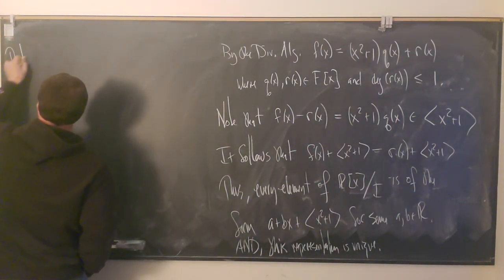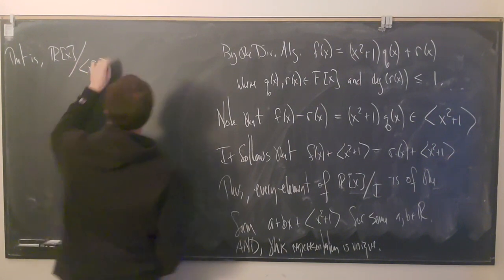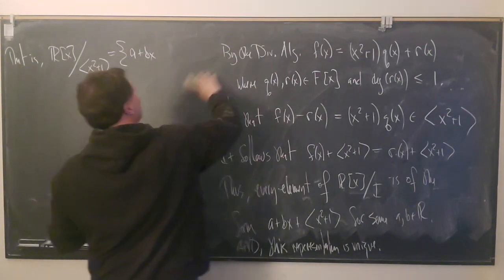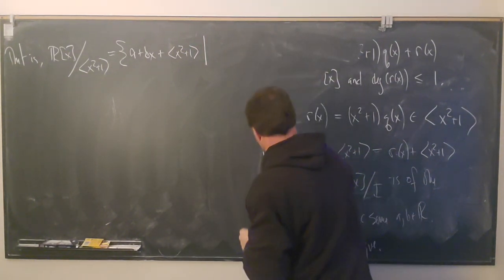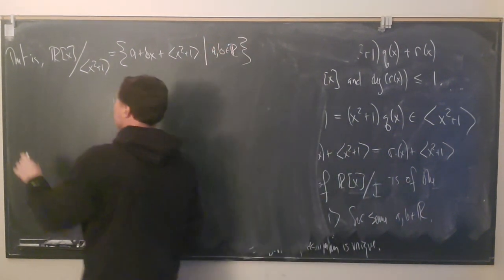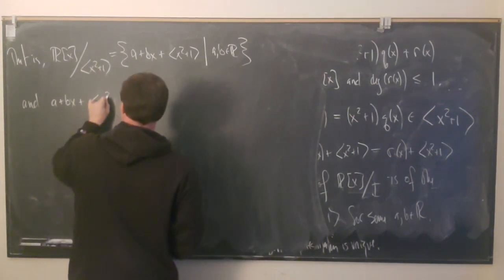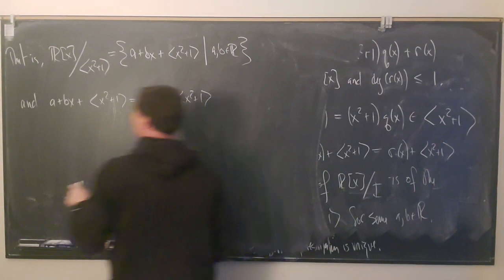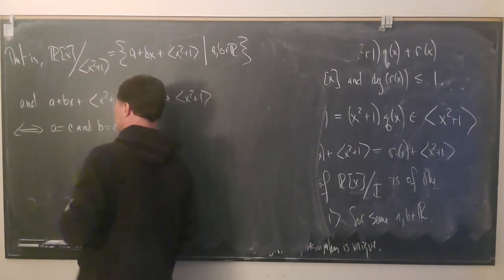So that is R bracket x mod the ideal generated by x squared plus 1 is equal to the set a plus bx plus the ideal generated by x squared plus 1, where a and b run through all of R, and a plus bx plus the ideal equals, let's say, c plus dx plus the ideal if and only if a equals c and b equals d.